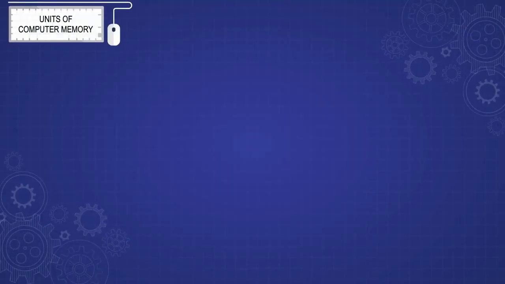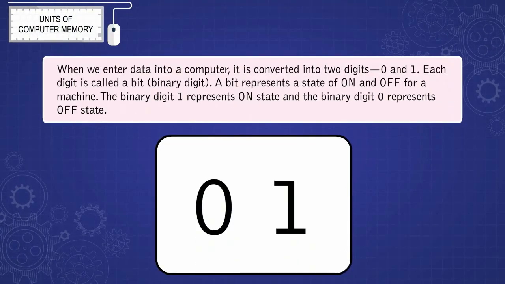Units of computer memory. When we enter data into a computer, it is converted into two digits, 0 and 1. Each digit is called a bit, binary digit. A bit represents a state of on and off for a machine.